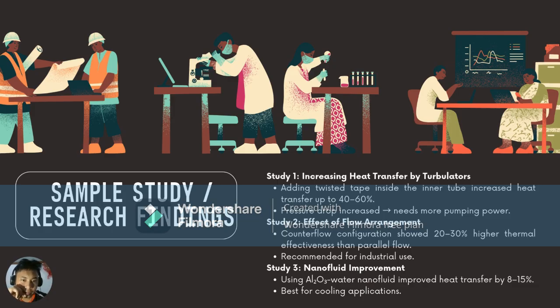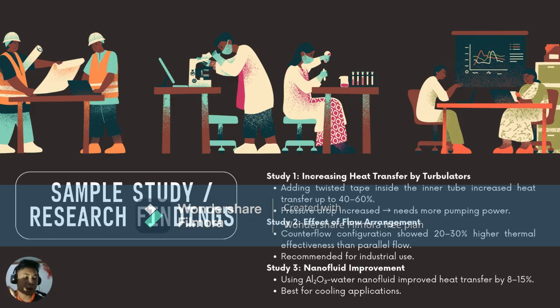So ang contraflow is 20 to 30% mas epektibo siya kaysa sa parallel flow. Then nanofluid improvement: using Al2O3-water nanofluid improves heat transfer by 8 to 15%, depende sa application.